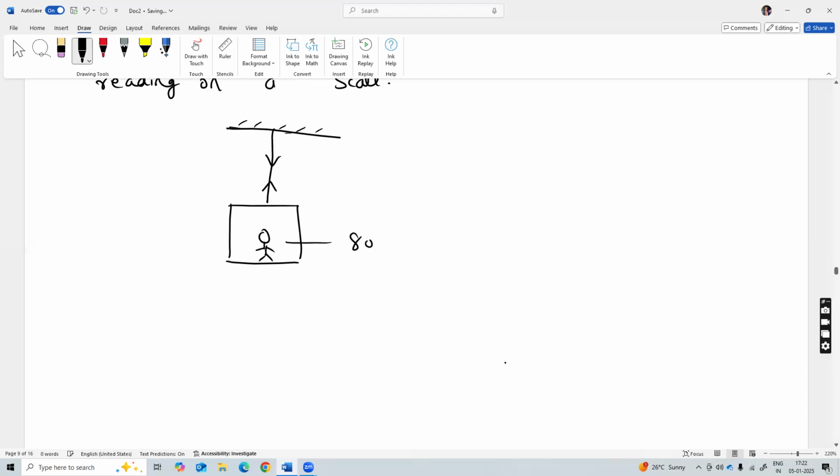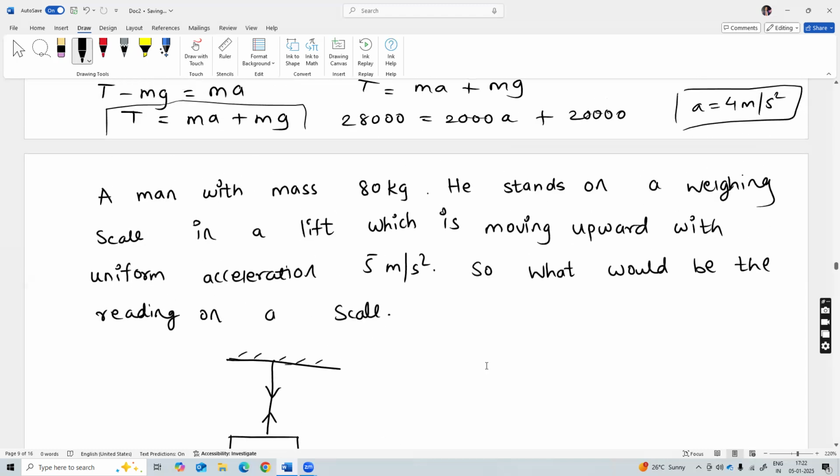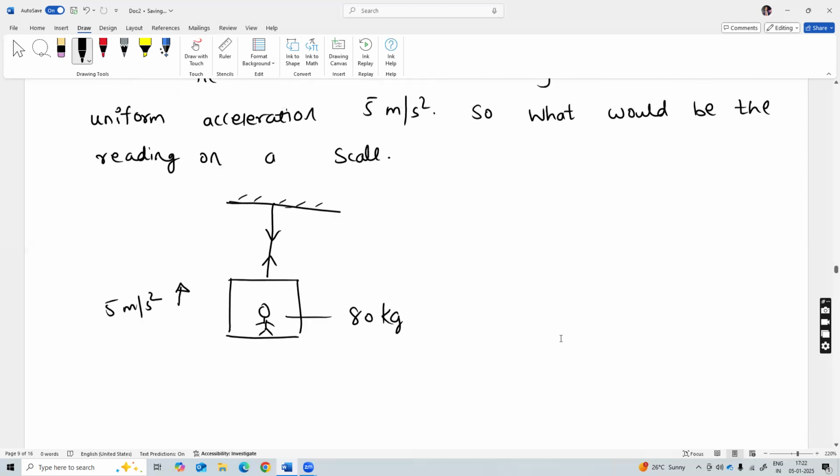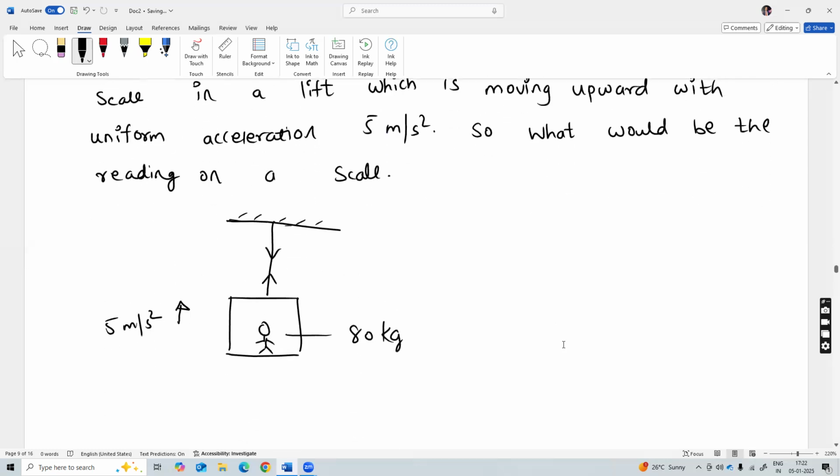His mass is 80 kg, and the lift is moving with acceleration 5 meter per second square. So basically the lift is moving and therefore this man is also moving with acceleration 5 meter per second square, and he is standing on a weighing machine. So whatever reading the weighing machine will show is basically the normal reaction on this man.